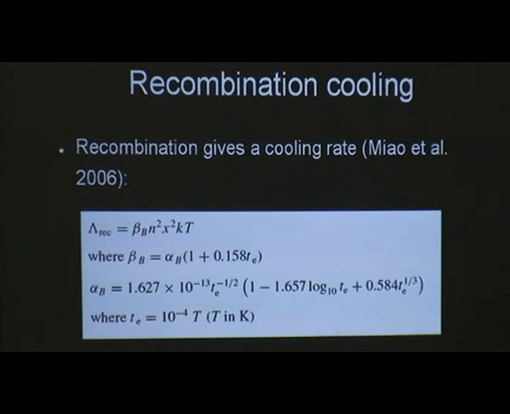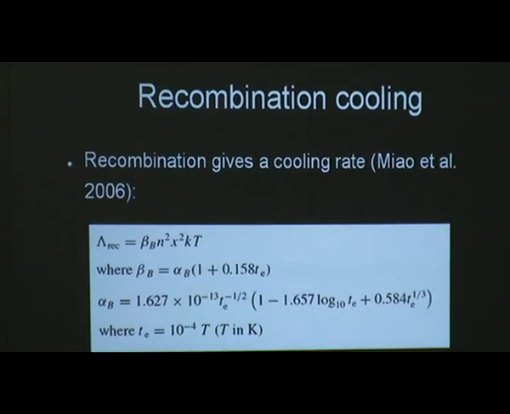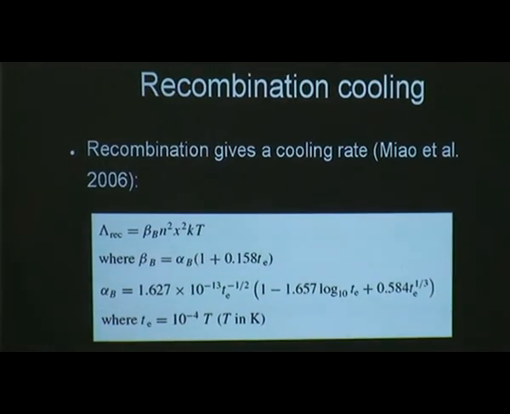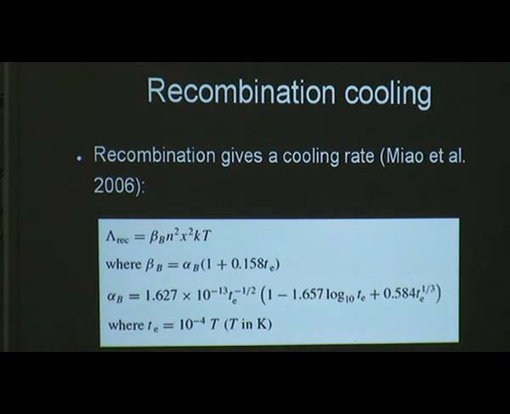So there is this cooling down, where I think that T is the local temperature in the cloud. There are these beta B and alpha B terms there that have some.